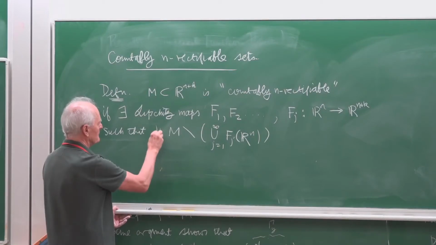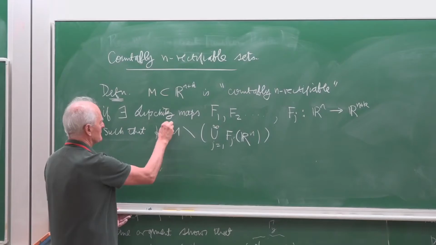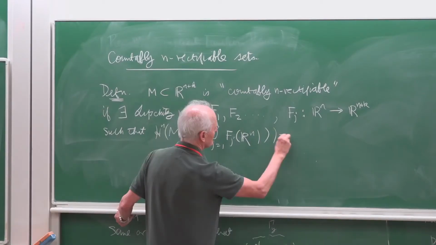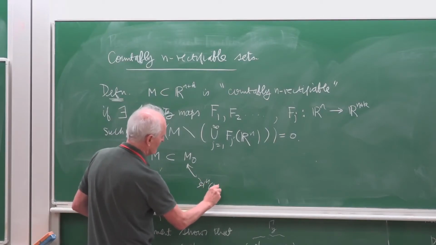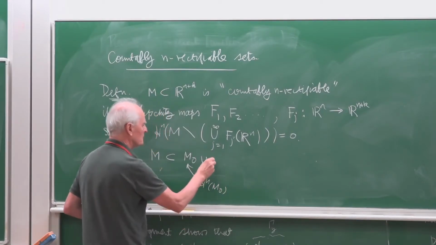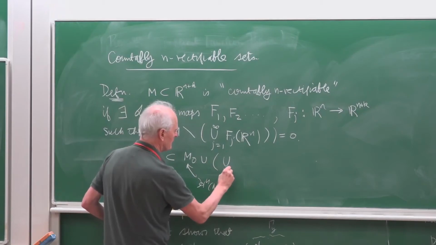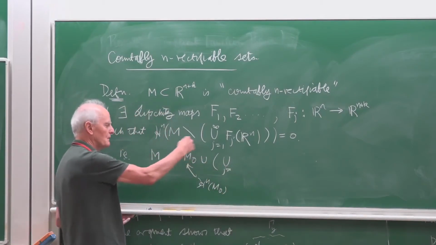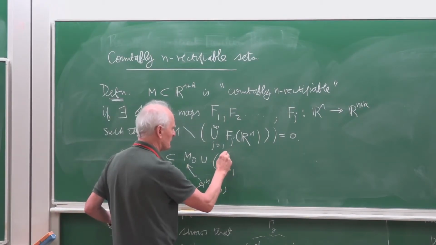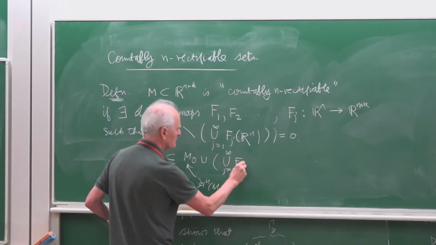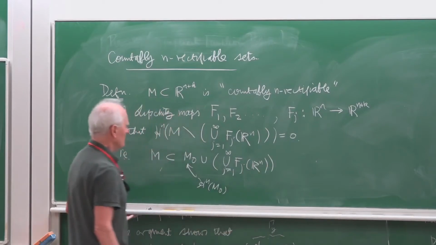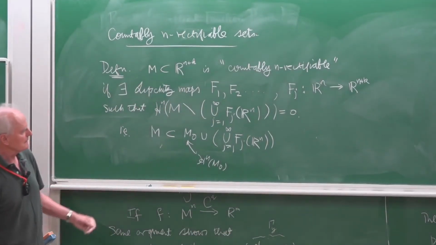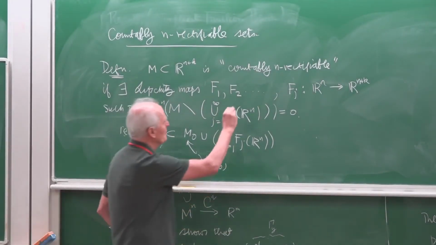In other words, M has to be contained in a set of measure 0 union with these Lipschitz images. Notice it only has to be contained. There's no suggestion of equality. It's just got to be contained in such a union. That's the definition of countably n-rectifiable.